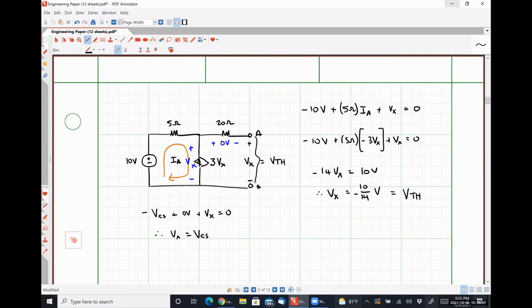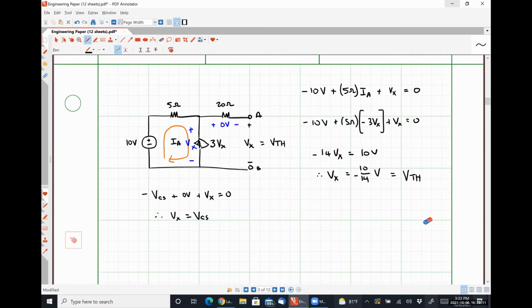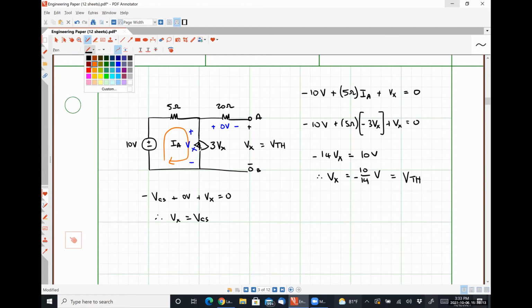And we're about to do that because let's talk about now the Norton current, okay? So we figured out what our Thevenin voltage is for this guy. Okay. All right. Yes.